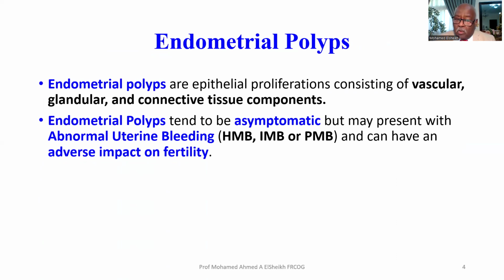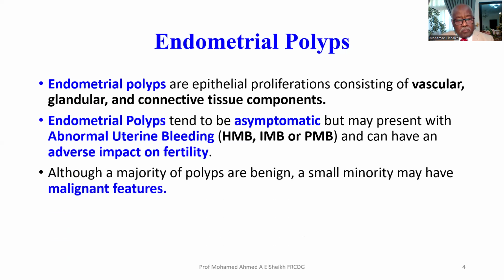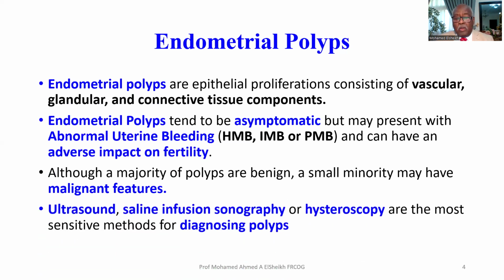They could be asymptomatic, but may present with abnormal uterine bleeding, either heavy menstrual bleeding, intermenstrual bleeding, or postmenopausal bleeding. And they can have an adverse impact on fertility. So bleeding and fertility effect. The majority of the polyps are benign, but a small minority of them could change and have malignant features.